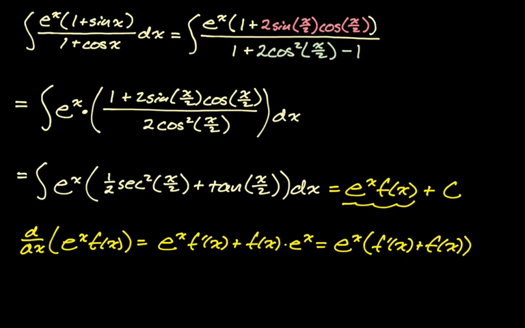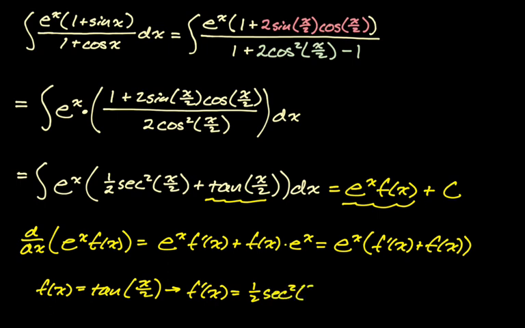At this point, it's like integration by comparison. We just have to decide which of the two things inside those parentheses is f of x. I'm pretty confident that f of x is going to be tan of x over 2. So if f of x is this, we just need to confirm that f prime actually works out. Because of the chain rule and the derivative of tangent, we definitely know that f prime would be 1/2 secant squared of x over 2. So I think we're good.